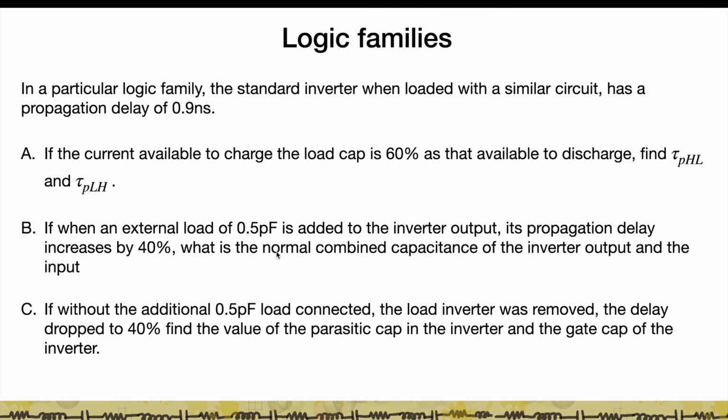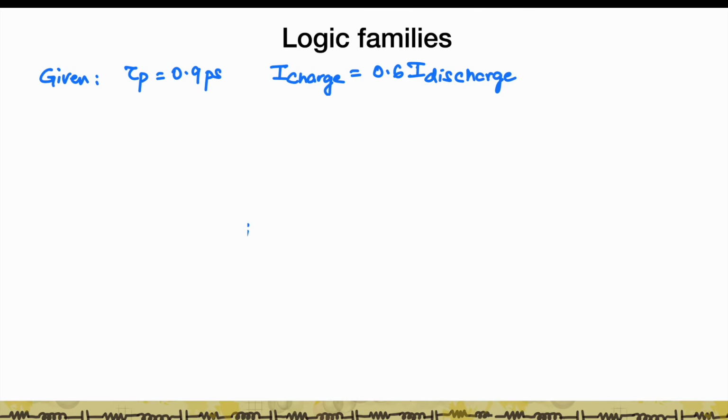That gives me an idea as to what the magnitude of the capacitance is. And without the additional pF load connected, if the load inverter is also removed, then the delay dropped to 40% of its value. You're asked to find the parasitic cap in the inverter and the gate cap of the inverter. So let's do the first question.